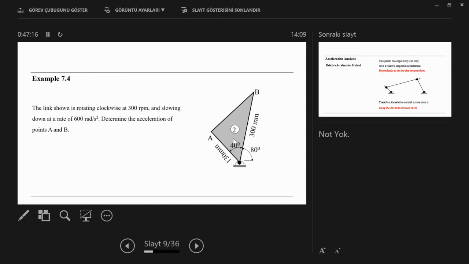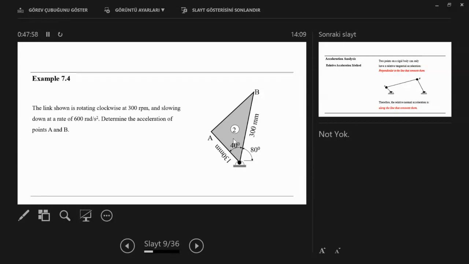So let's calculate the omega first. We need omega, the angular speed, which is equal to 2 pi n over 60, with n equal to 300.